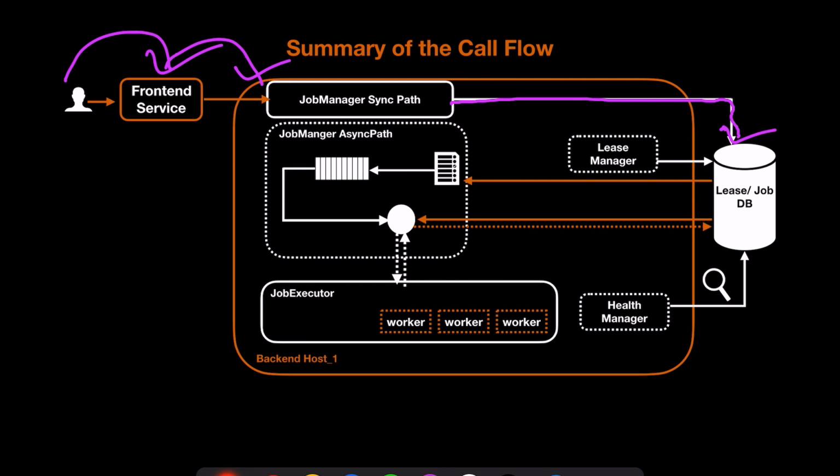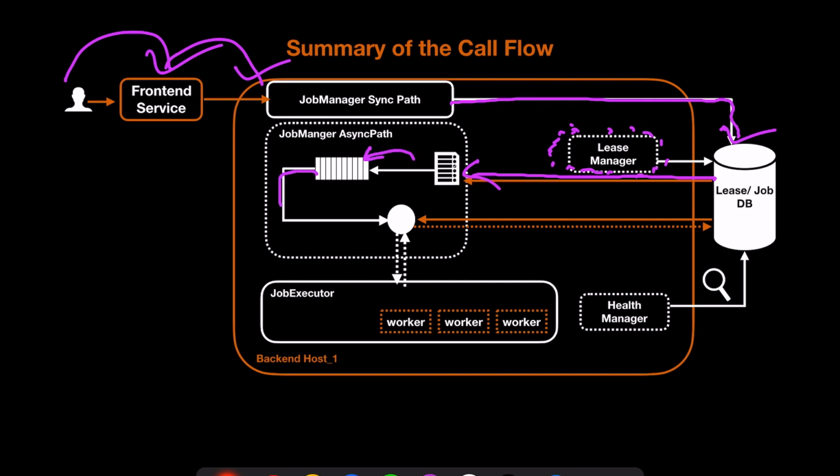Then we have the lease manager, who iterates over leases and makes sure the host has its correct number of leases assigned to it. Then the job manager async path reads the leases which are assigned to it, iterating over the leases. It pushes the job into the in-memory job queue.